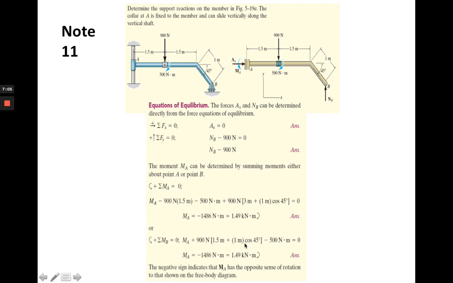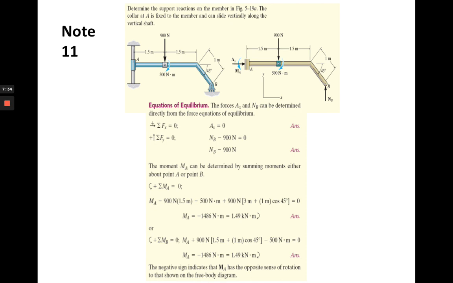Okay, so for this one, if we look at summation MA equal to 0, then I still write MA minus 900 times 1.5, the 500 is the external one, 900 is the MB. So I guess students will ask why I still need to write MA, because you will ask, I thought you said taking at point A, we no need to consider point A, right? Okay, this is the wrong concept.